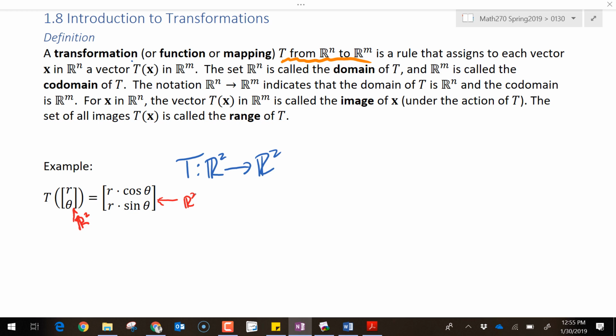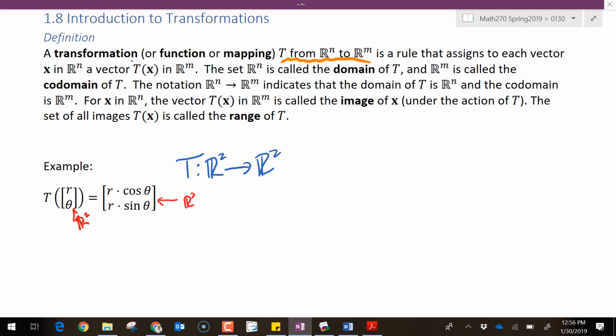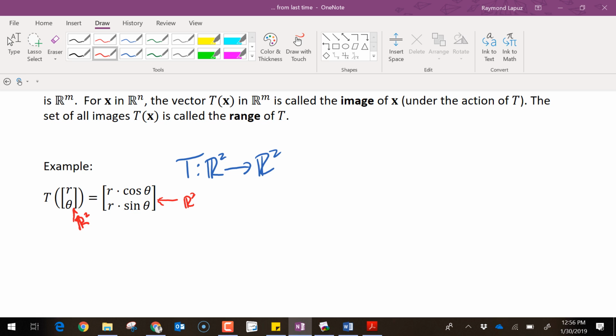And so to try to get an idea of what this thing might look like, we still have a chance of visualizing this because R2 and R2 are things that we can visualize. So let's see if we can get an idea of what this thing might look like.